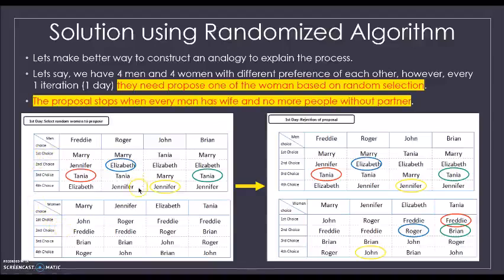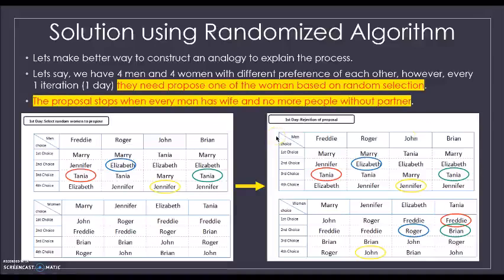So here we can see the competition between them. If they choose the same person, they have to do another iteration. In this solution, they need to propose to one of the women based on random selection. It's still based on random selection, but the algorithm will only stop when every man has a wife and there are no more people without a partner.